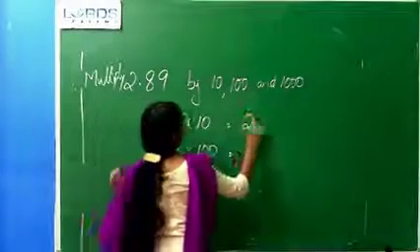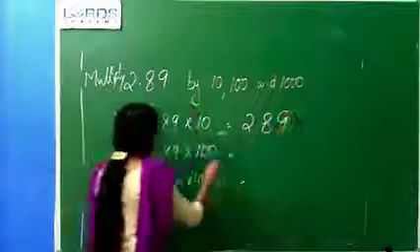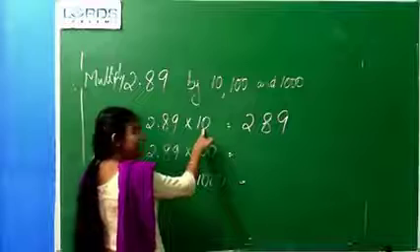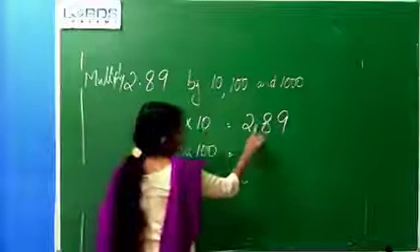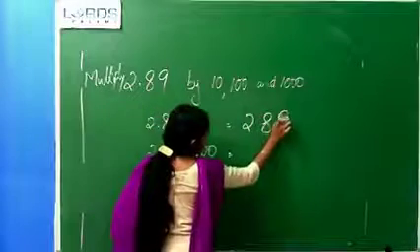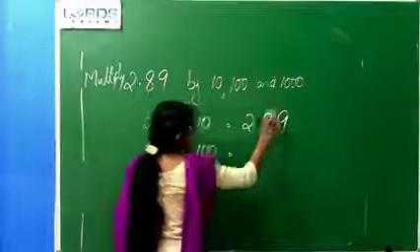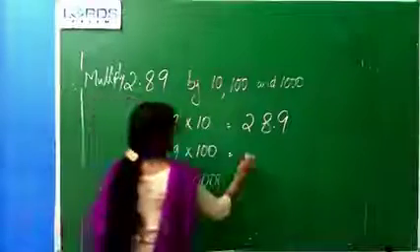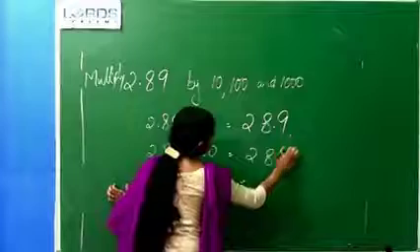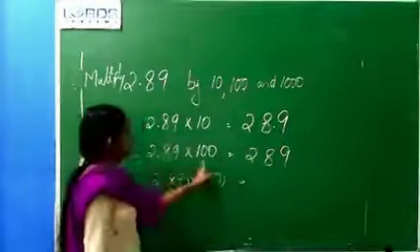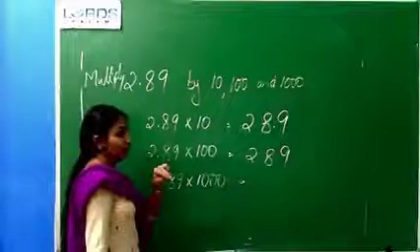So 289, the point was here, right? So how many places it is moving? 1 place. So the point is shifting to 28.9. And the next one, the point was here. How many places it is moving? 2 places.